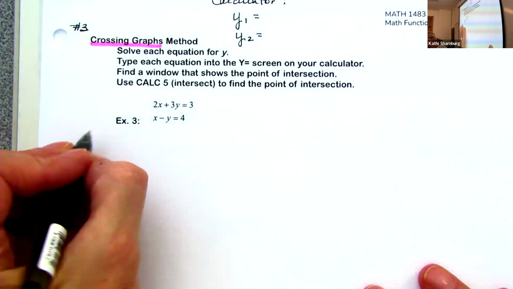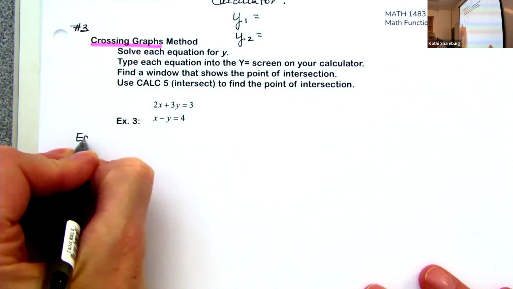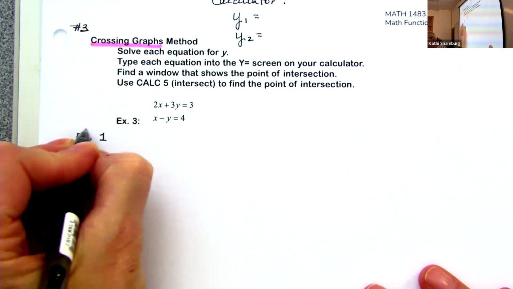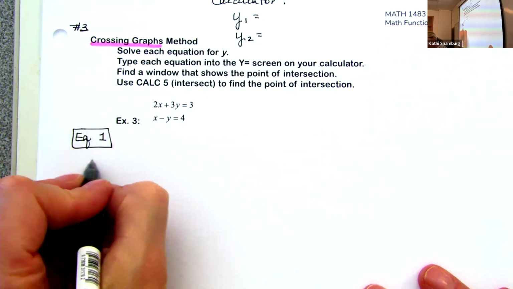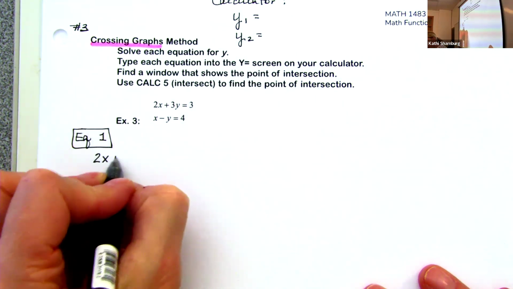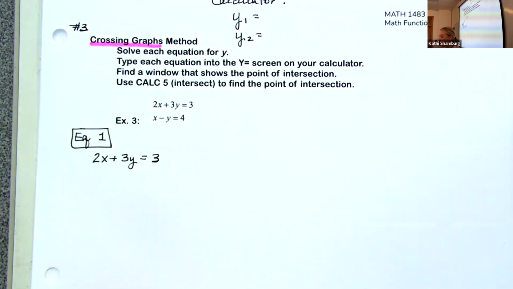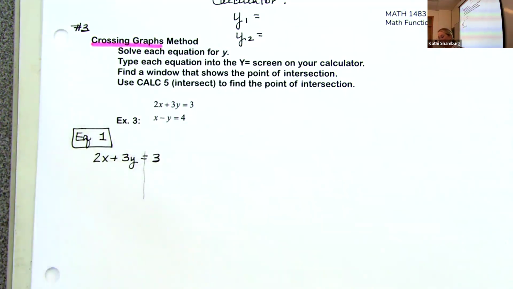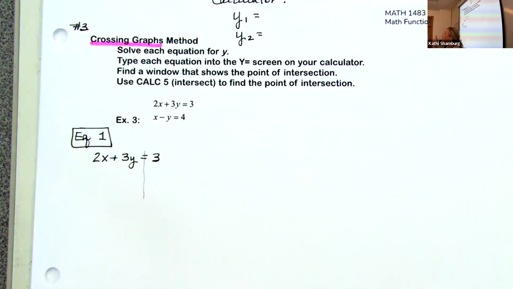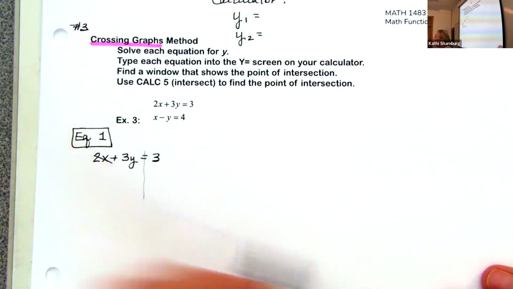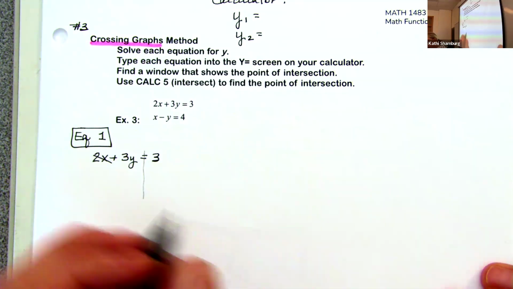So let's take equation 1, which is 2x plus 3y equals 3. And I'm going to solve for y. Okay, so that means I need to move 2x to the other side. How do I move this 2x? I'm going to subtract it.